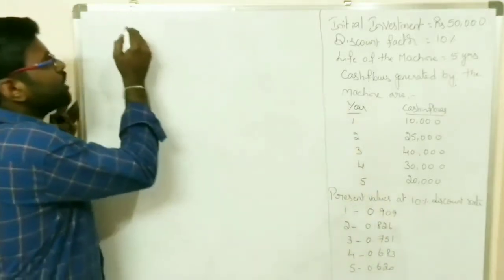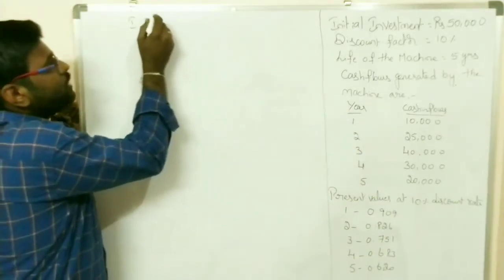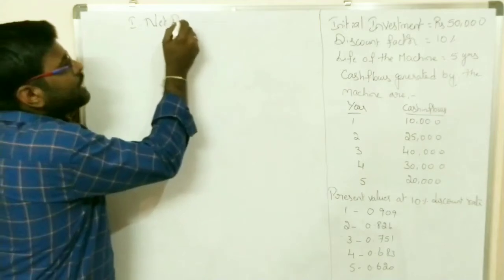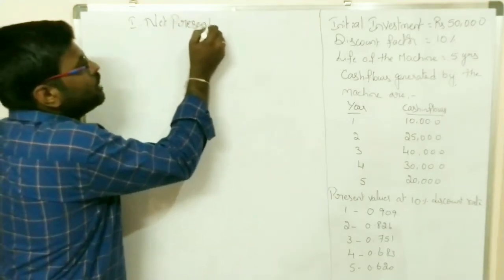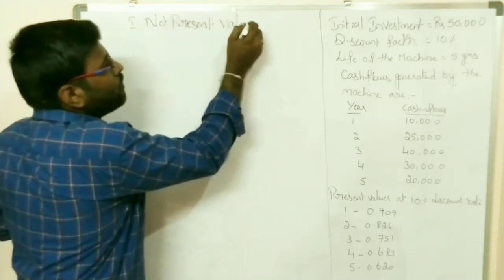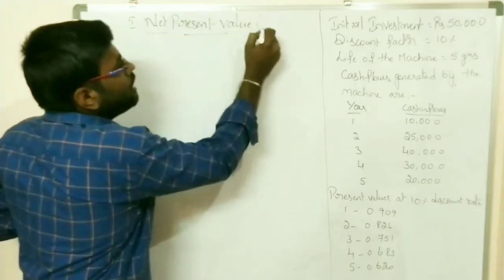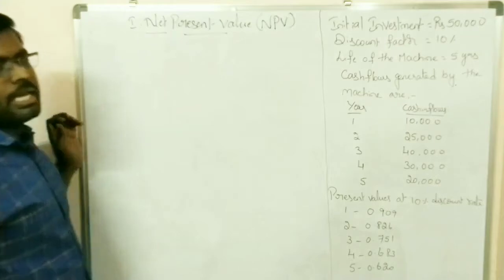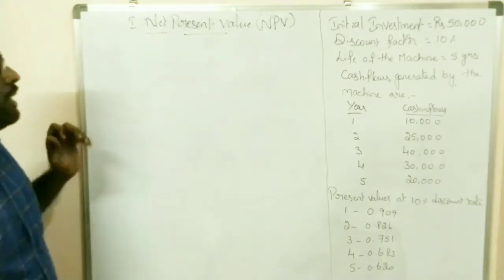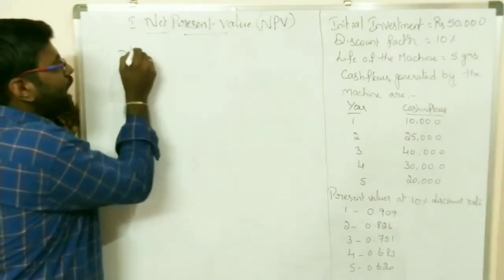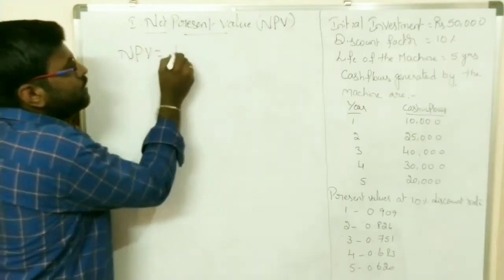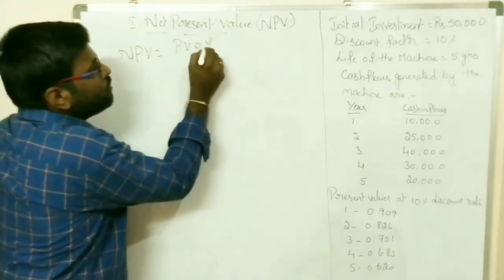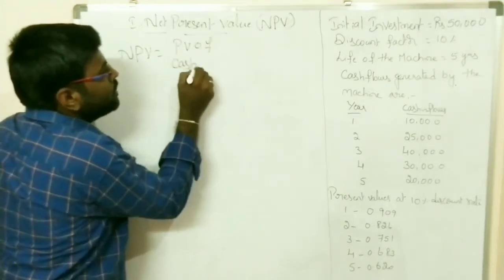In modern methods of capital budgeting, the first method is the net present value method. In short form we will write it as NPV. The formula for calculation of NPV is present value of cash inflows minus present value of cash outflows.